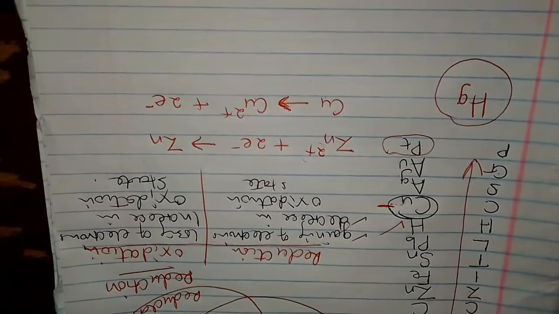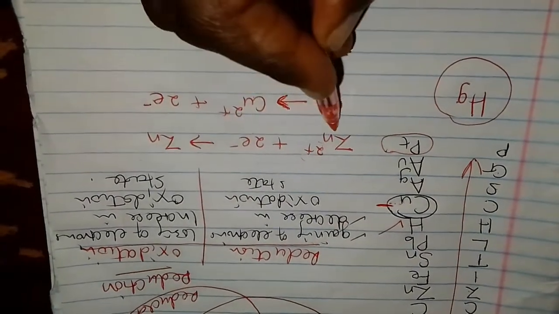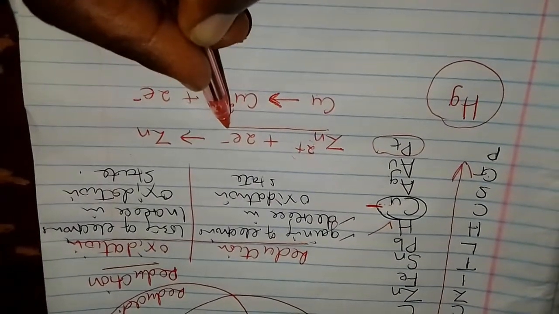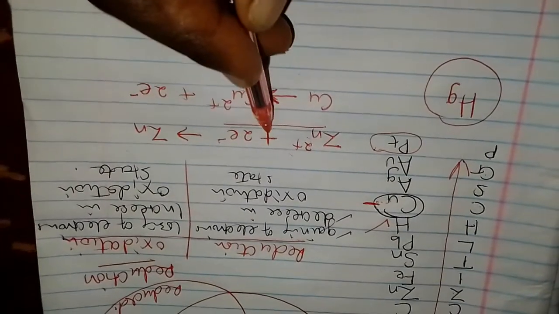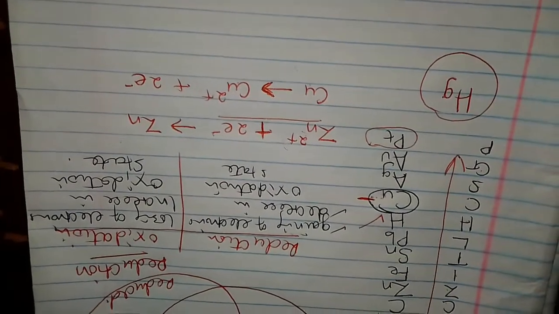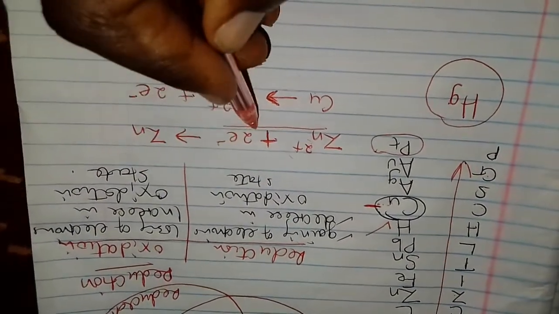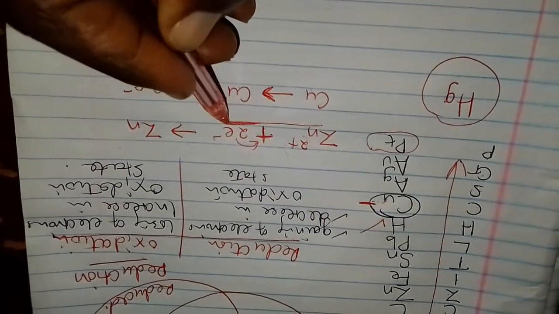Look at that example. If I look at this, I'll realize that here there is the gaining of electrons. You see? So if there's the gaining, of course positive means gaining. If I say I'm going to give you 10 shillings, you have gained. So I'll say plus. Whatever you have plus, what I've given you. So it has gained, because you're saying plus. Look at that. So it has gained 2 electrons.